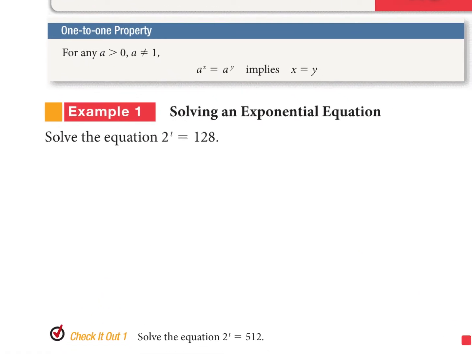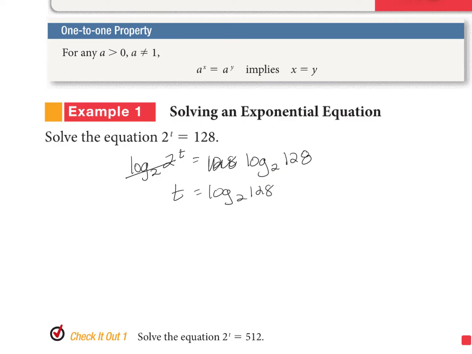All right, solve 2^t = 128. We don't have to raise 2 to get 128, so you can take the log base 2 of both sides. Which cancels that out, and t equals log base 2 of 128.